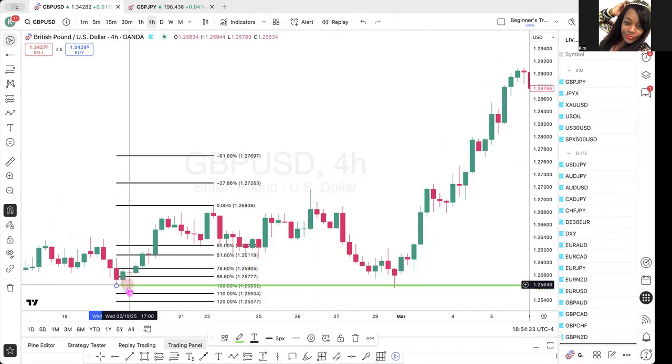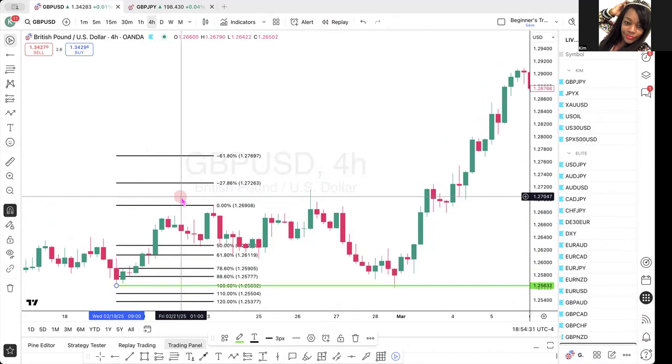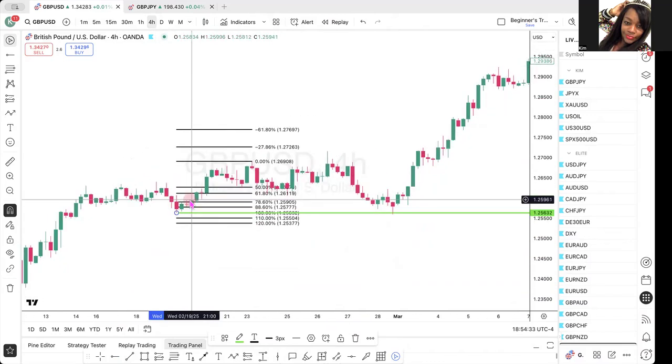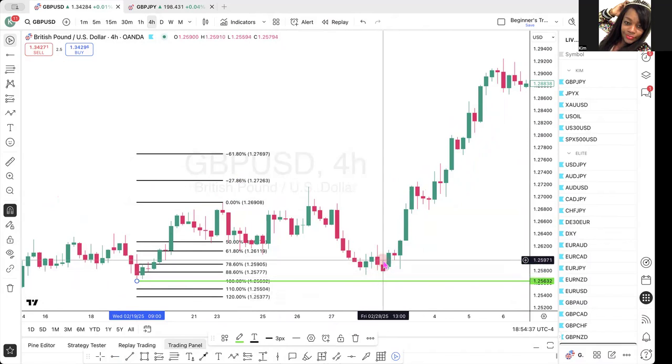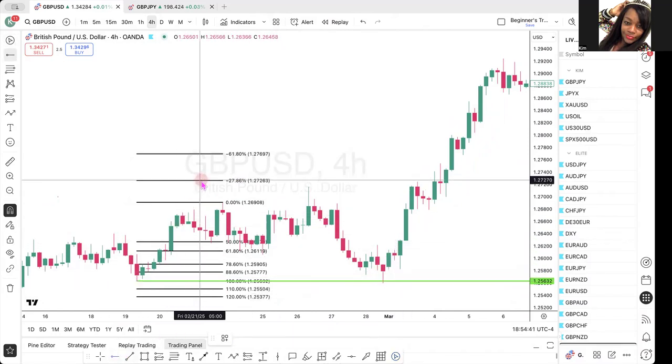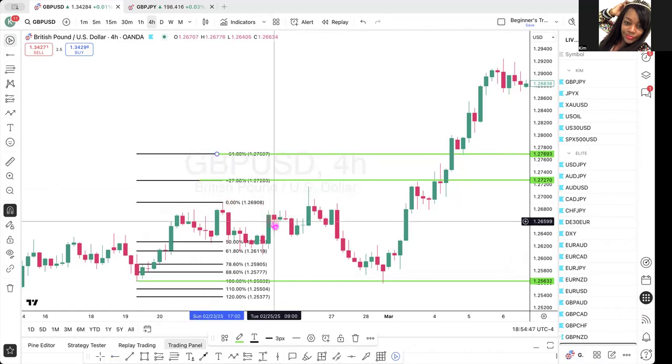And this is why we put our stop loss with the little wiggle room below our swing lows and above our swing highs. Okay. And as you can see, price pulled back, shifted structure, and bought up to the negative 27, bought up to the negative 618.